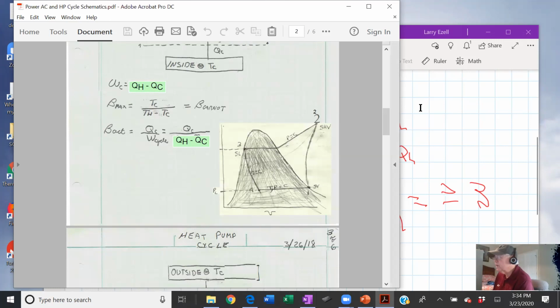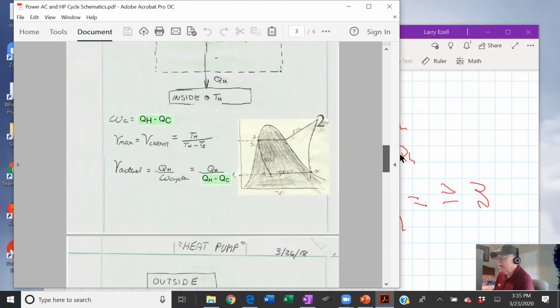All right. Now for the air conditioning system, we also have a Carnot gamma. And this time it's TH over TH minus TC. And what did we say TH was? TH was 600? No. TH was 40. Was about 310.